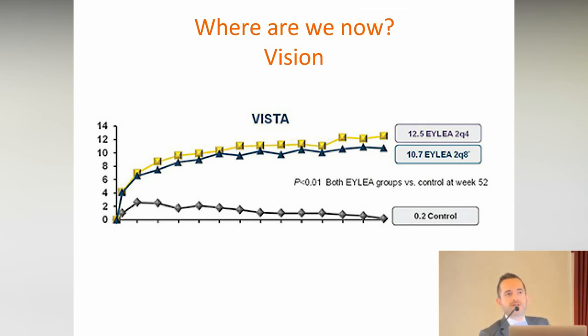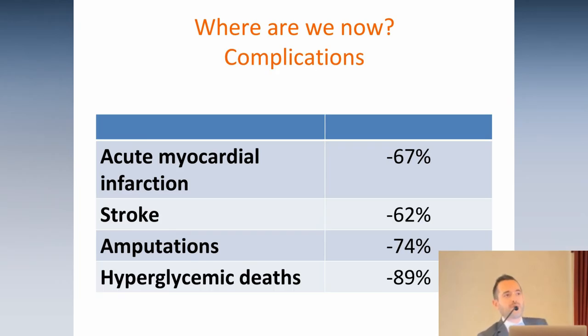So where are we with vision? We can take a patient that otherwise would lose vision and improve their vision by about 3 lines and keep it with treatment. This is something we couldn't do before. And across the board, complications of diabetes have gone down significantly.